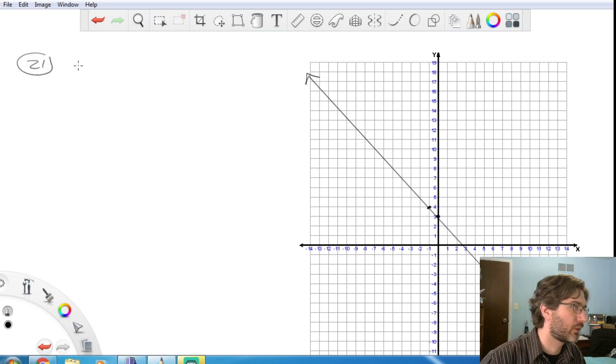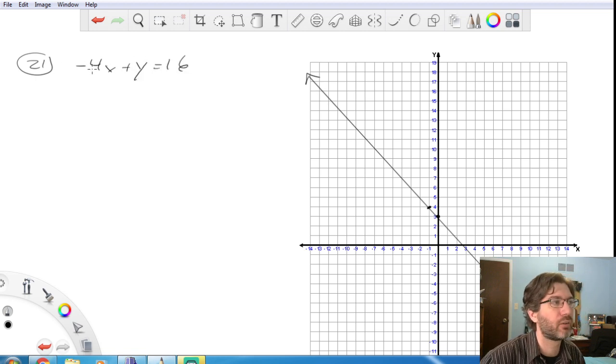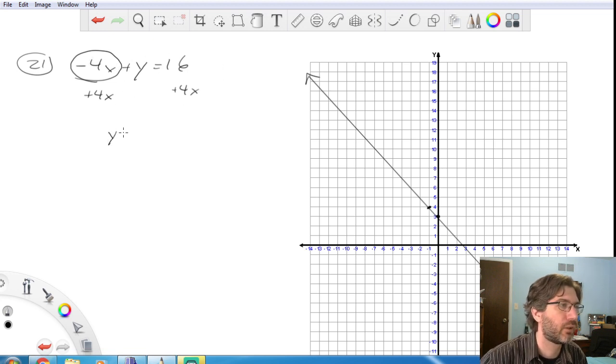For 21, it starts off as negative 4x plus y equals 16. And I'm moving this whole thing over. This is being subtracted, so I add 4x to that side and I add 4x to this side. And you can't do anything with the term, it just gets tacked on. Over here it gets canceled out, so you get y equals 16 plus 4x.